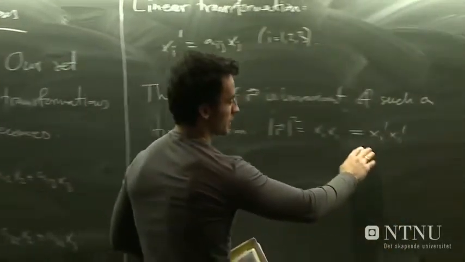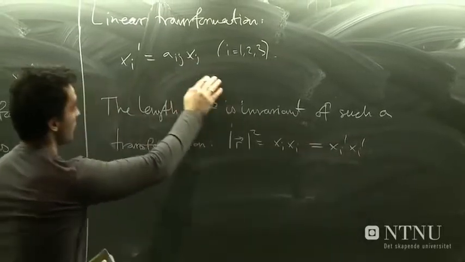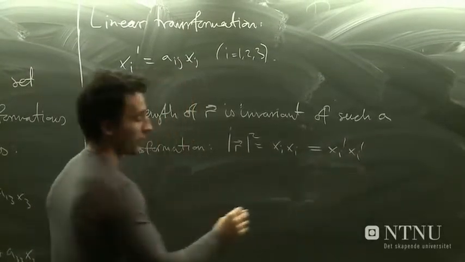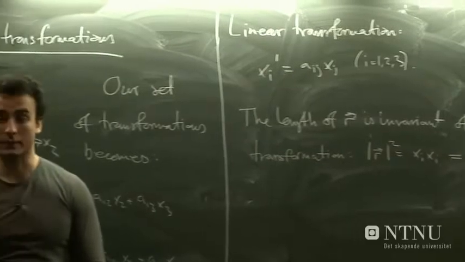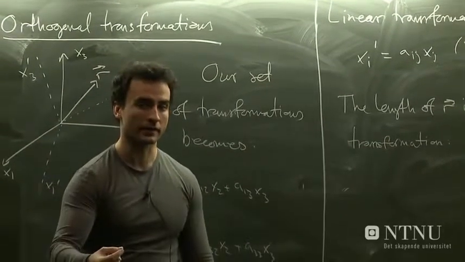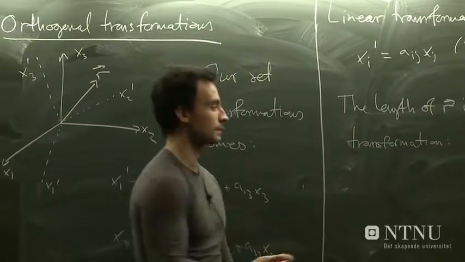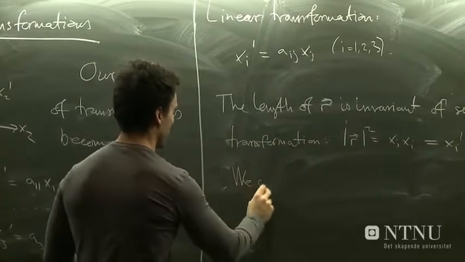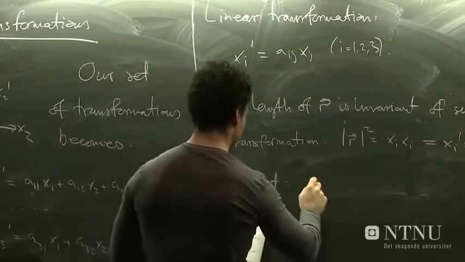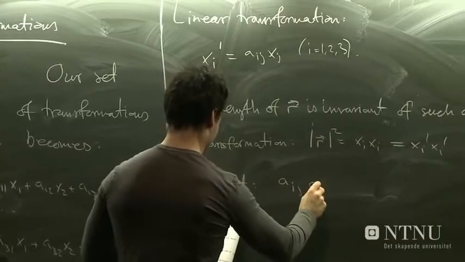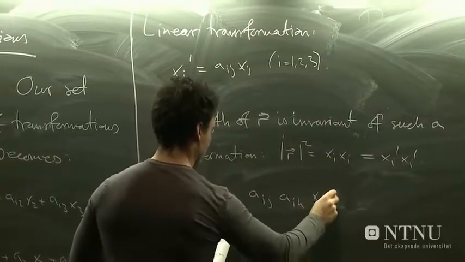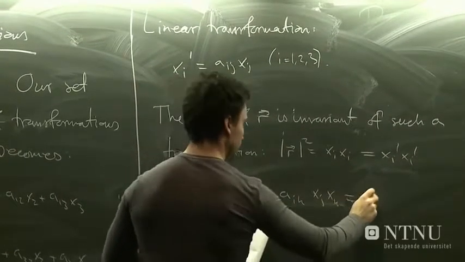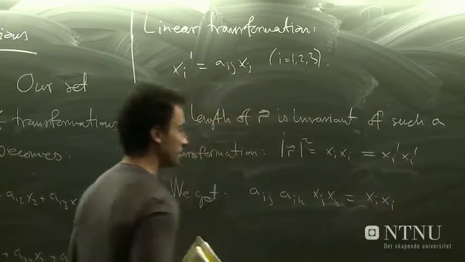So if we now insert this equation here and thus express the primed coordinates through the original ones via these coefficients A, we get this.